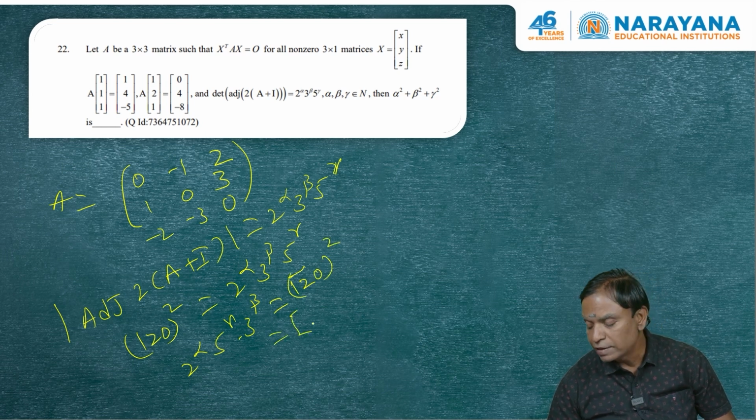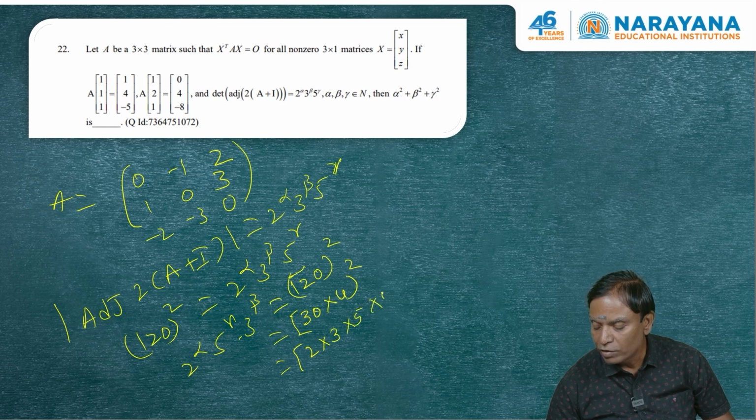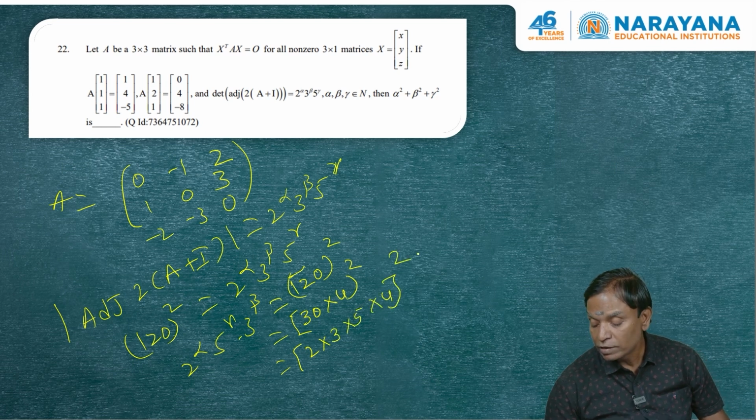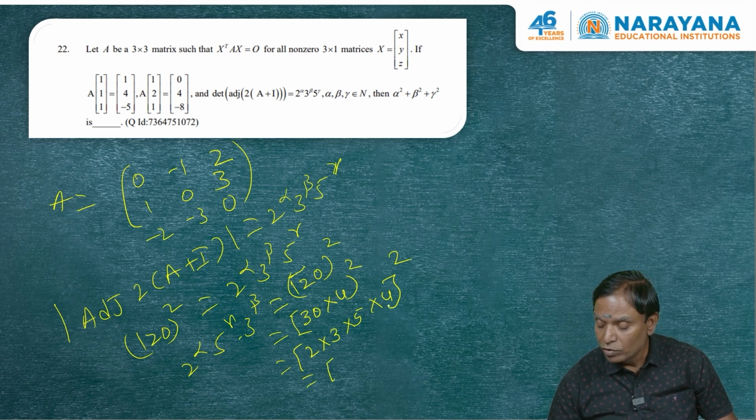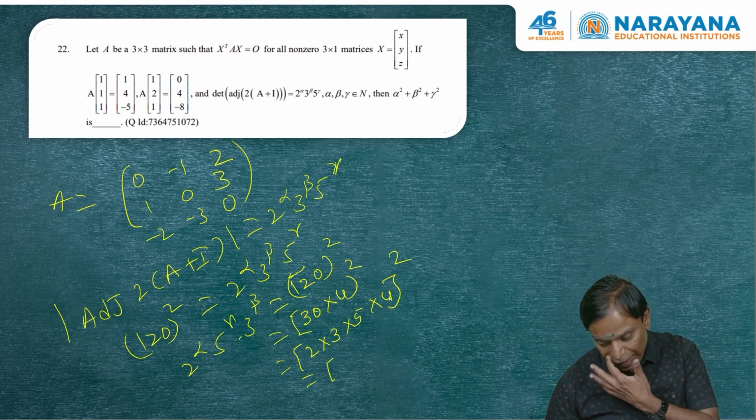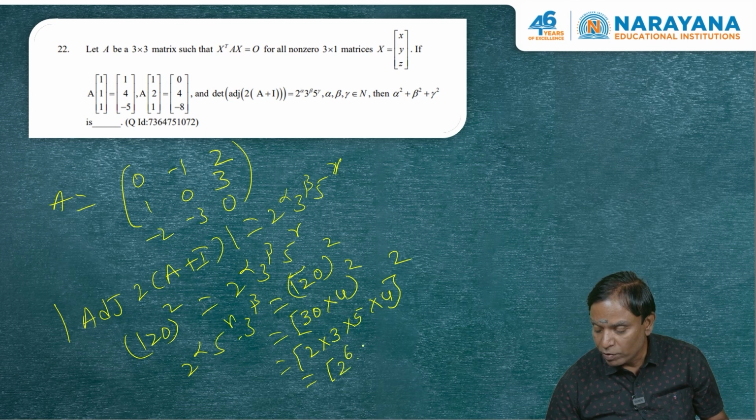This you can say 30 into 4 whole square, which is 2 into 3 into 5 into 4 whole square. Is it not? So, 2 into 4 is 8, 2 cube. This will become 2 power 6 into 3 power 2 into 5 power 2.